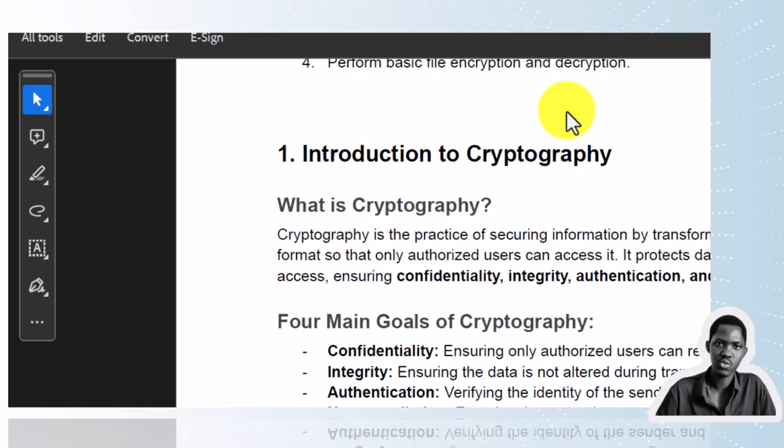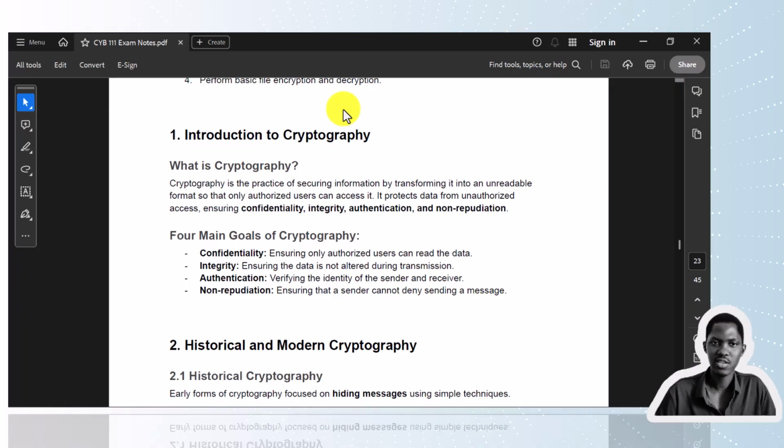Now, introduction to cryptography. That's one very important topic in cybersecurity. What is cryptography? Cryptography is the practice of securing information by transforming it into an unreadable format so that only authorized users can access it, which is definitely just straightforward encryption of information, right?